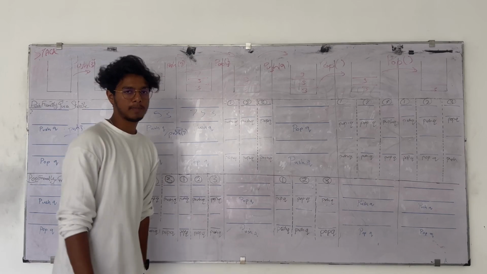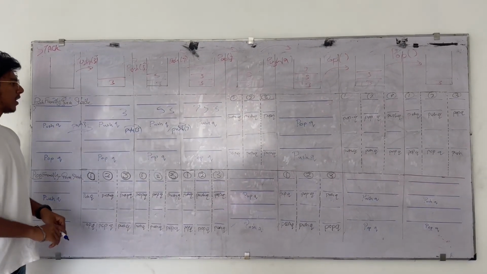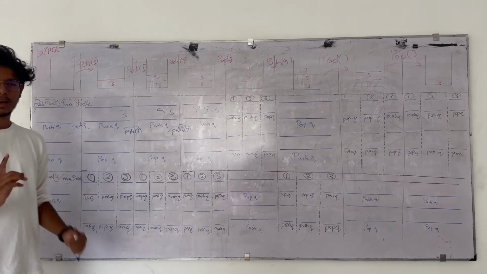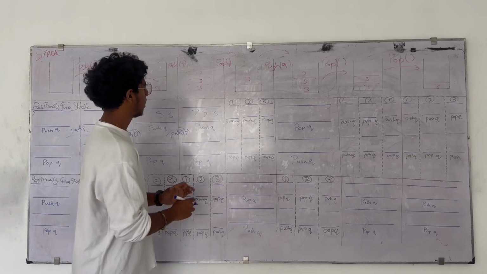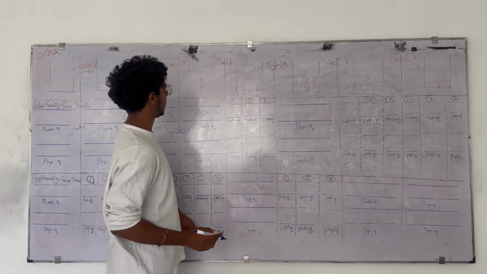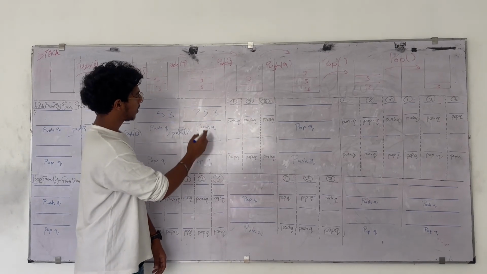Now we need to pop an element. Since this is a push-friendly QueueStack, even though to push an element we need only one step, to pop an element we need 3 steps. The first step: there's already 7, 5, 3 in the push queue.